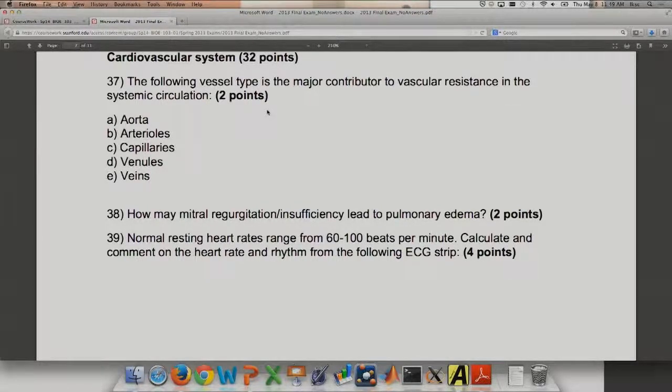In mitral regurgitation or insufficiency, when the ventricle contracts, some blood goes through the aorta, as expected, and a little bit goes back into the left atrium. So this increases left atrial pressure and left atrial volume over time. Now, the left atrium receives its input from the pulmonary veins, right?